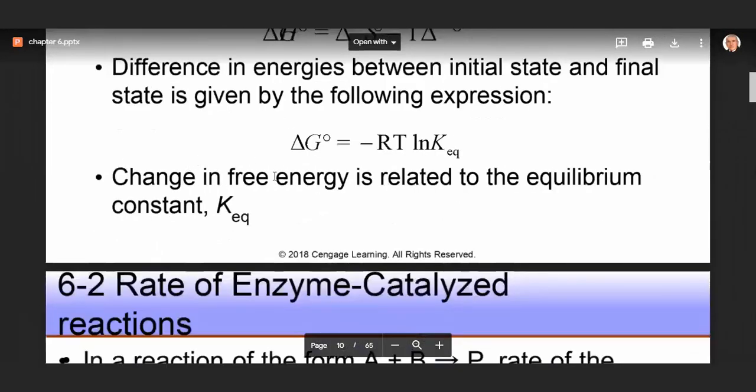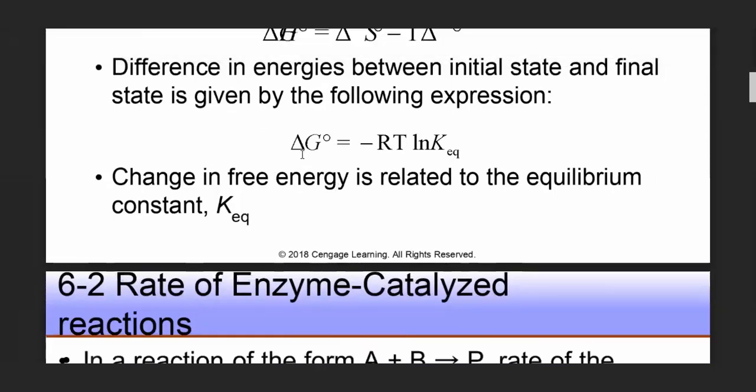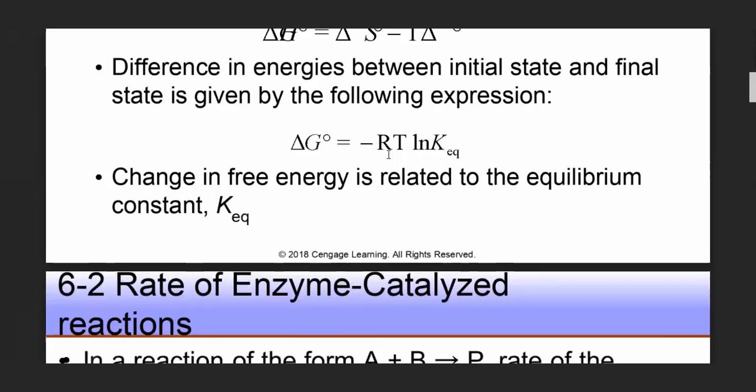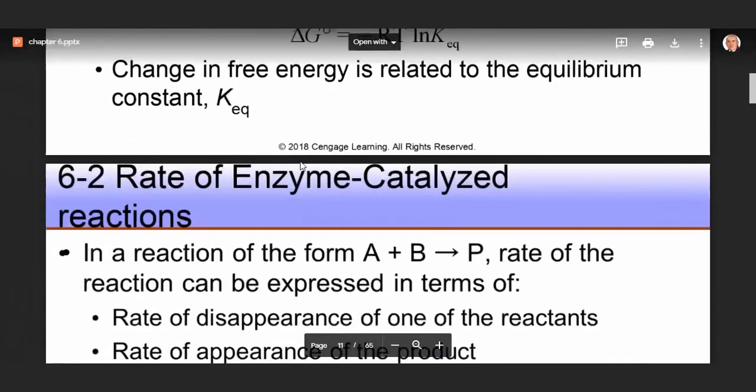And this is also not required. This is a relation between the standard free energy change and K equilibrium. That is, if you know the one, you can calculate the other, where R is the gas constant and T is the absolute temperature. Don't worry about this slide.